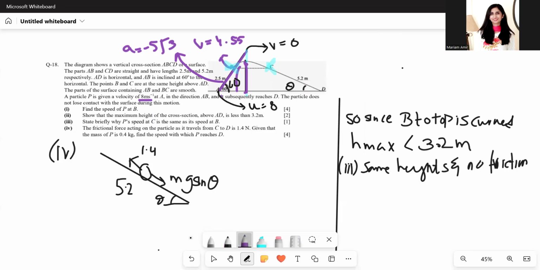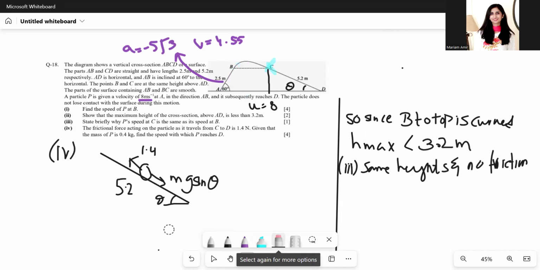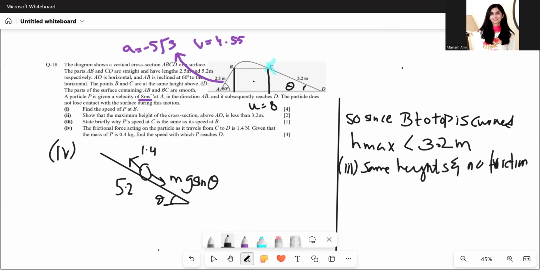This length from here to here is going to be the same as this length, and this is 2.5 sine 60. So this will also be 2.5 sine 60, whatever that value is.